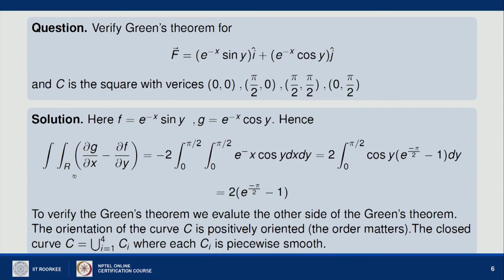Hence, if I calculate the right hand side of Green's theorem, that is the double integral over the region R, which is the square given by these vertices, of del g over del x minus del f over del y dx dy, this comes out to be minus 2 times the integral from 0 to pi by 2, 0 to pi by 2 of e raised to power minus x cos y dx dy, and finally after simplifying it, it is 2 times e raised to power minus pi by 2 minus 1. So, this is the result of the right hand side.